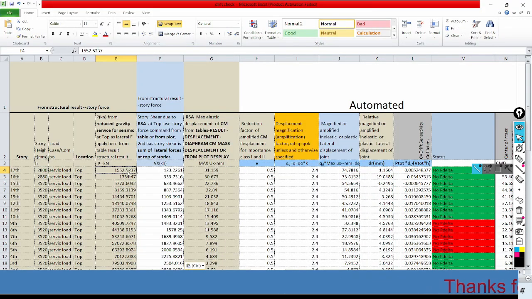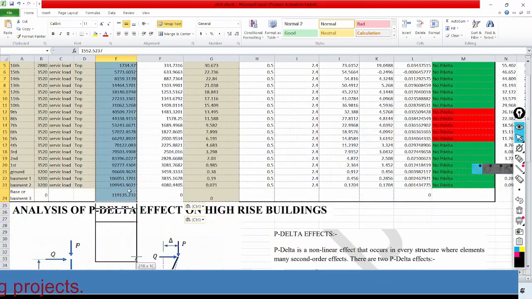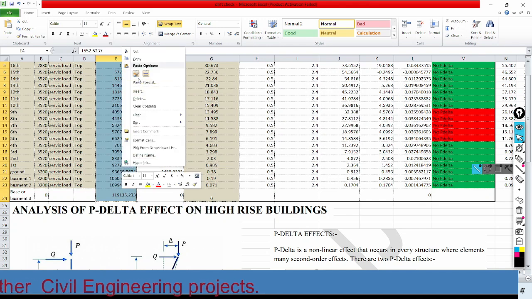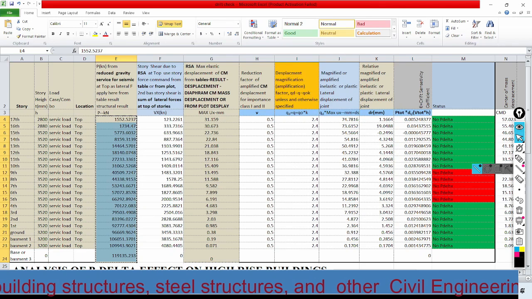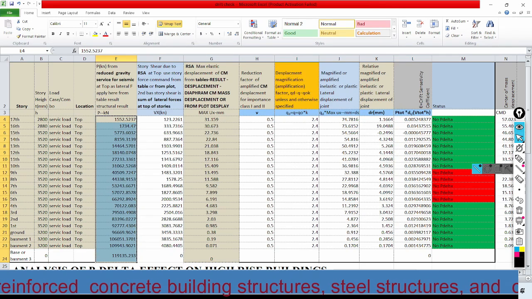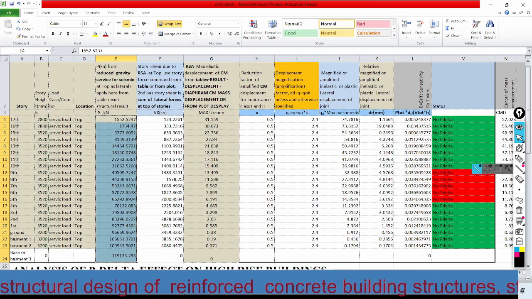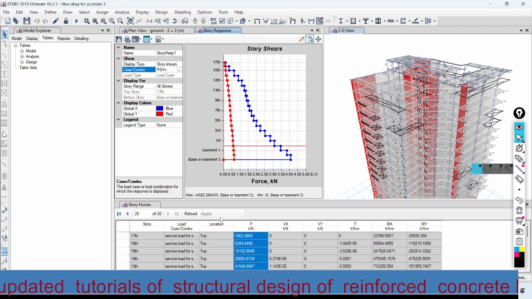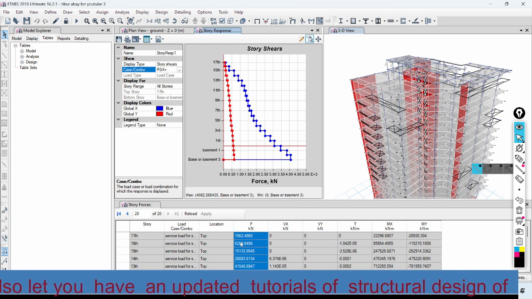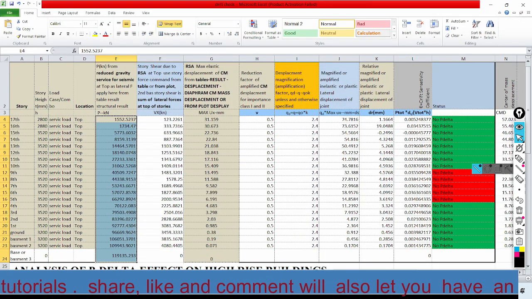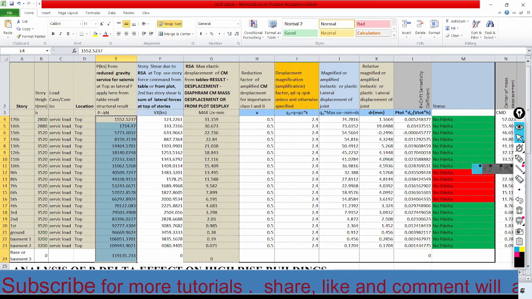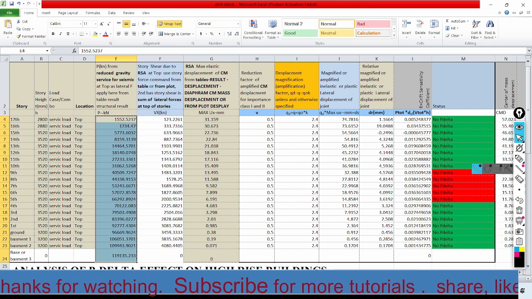Okay, just copy simply this value. Control C. Here I am at positive x direction.